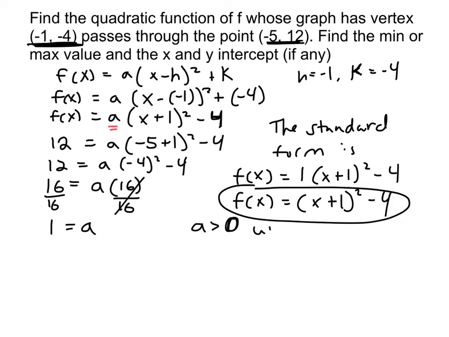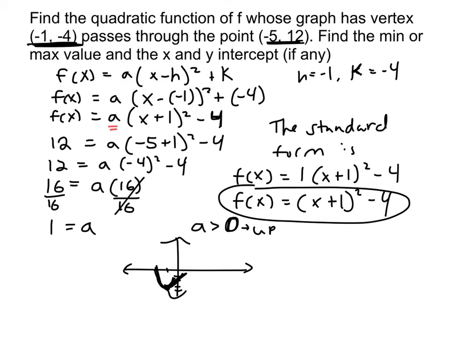If I were to draw this, just a very sketchy drawing, I know that the vertex is here at -1, -4. So I know my parabola looks like this. I don't know yet where it crosses the axes. I'm going to do that next, but I know it looks like this.